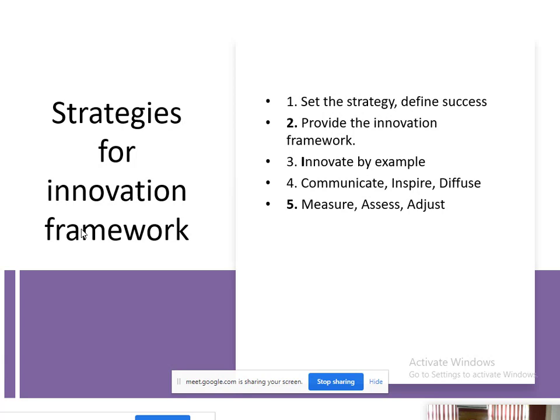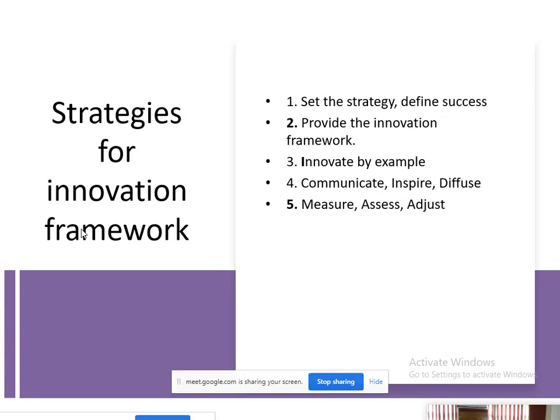Then the next one is innovate by example. That means within the team, members should be inspired and motivated to do innovation. So that's why all members should be inspired by having some example. The next one is communicate, inspire, and diffuse.